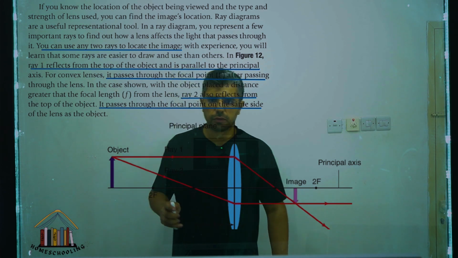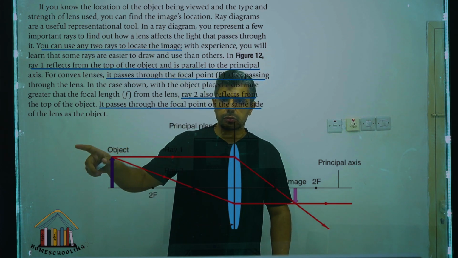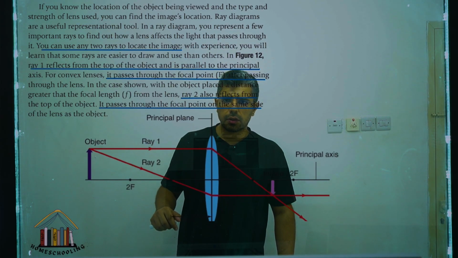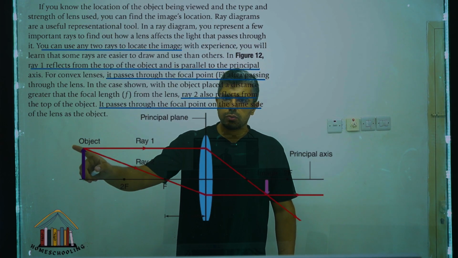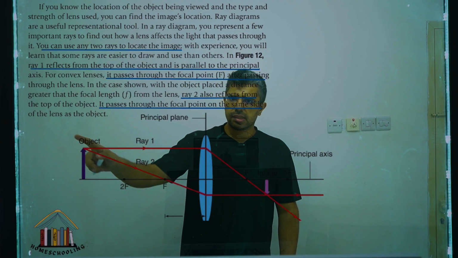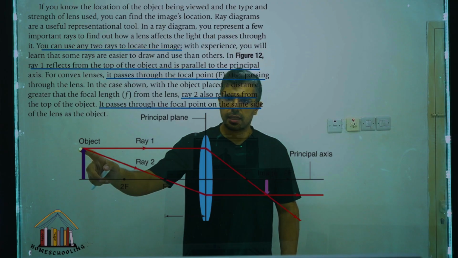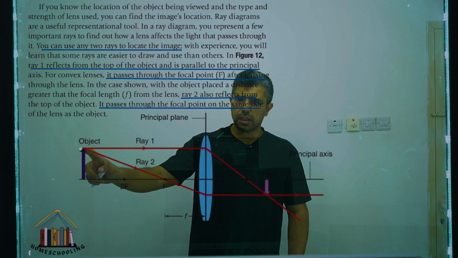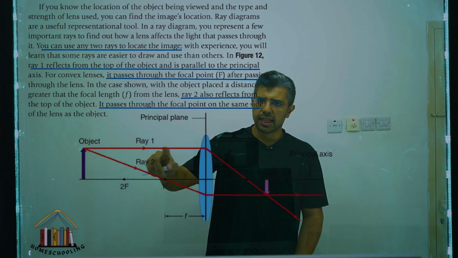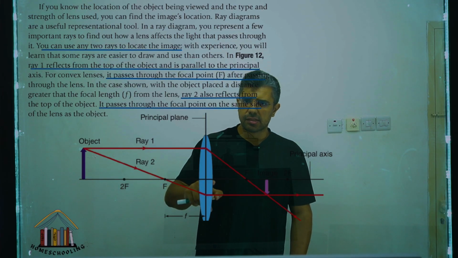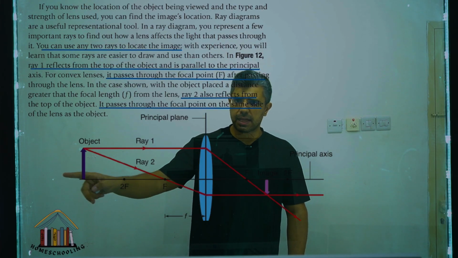First of all we have the object. I want you to look at the object position. Two rays, ray 1 and ray 2, start from the top of the object. Ray 1 goes straight, parallel to the principal axis. So we have the lens and we have the principal axis.